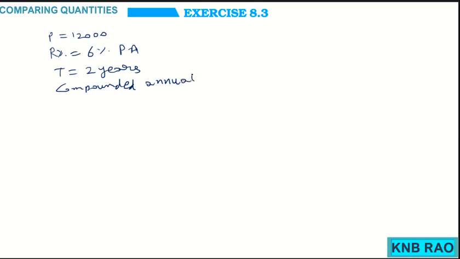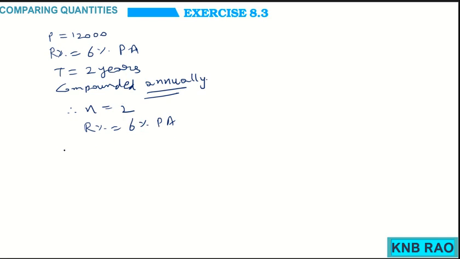When compounded annually, the number of conversion periods becomes 2, since there are 2 annuals in the time period, and the rate of interest per annum, 6%, remains as it is.